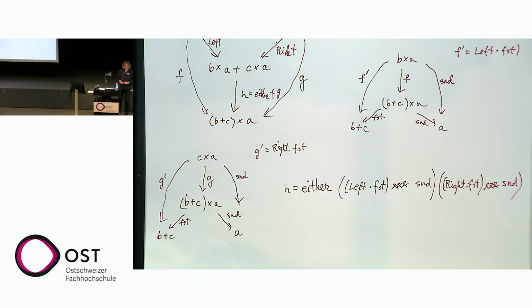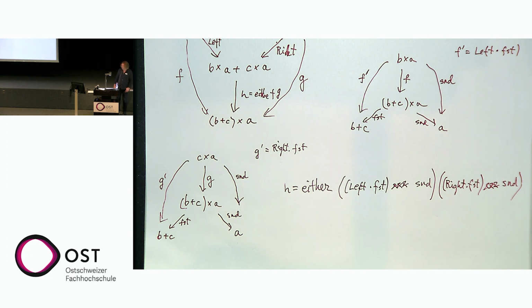Right? Now, if you've seen code like this somewhere in Haskell, you were just thinking, where are they thinking, right? But it turns out that if you use universal constructions, this is really pretty straightforward, isn't it?